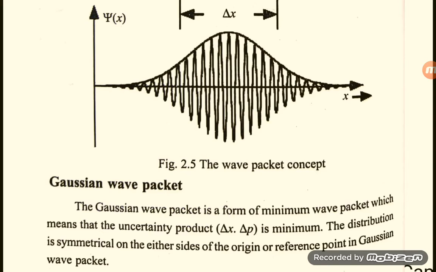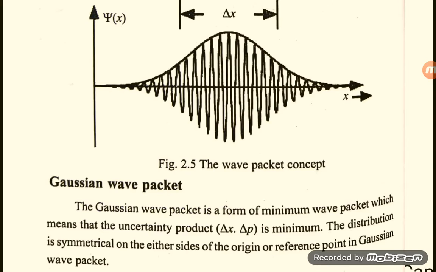Here is one more thing, the Gaussian wave packet. So what is the Gaussian wave packet? It is a minimum wave packet, which means that the uncertainty product delta x and delta p is minimum. The distribution is symmetrical on either side of the origin or reference point in a Gaussian wave packet. In general, waves are symmetric.